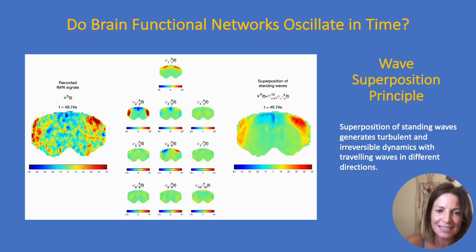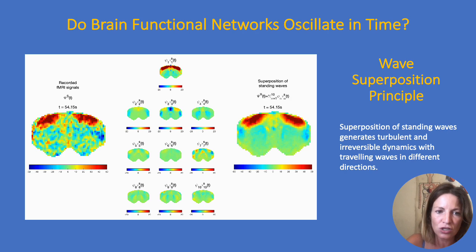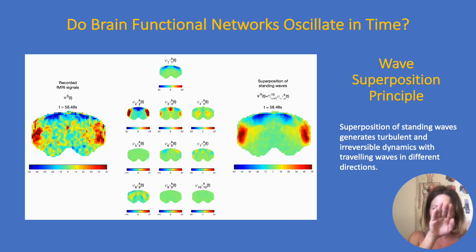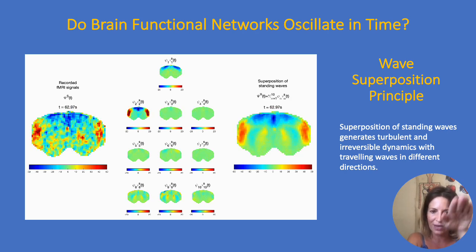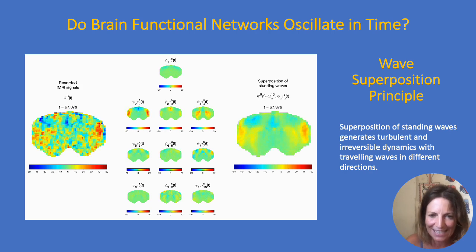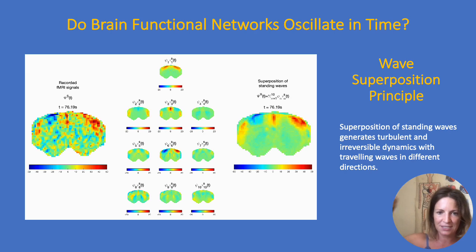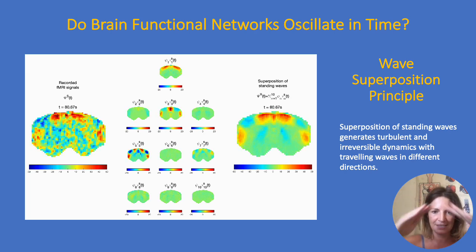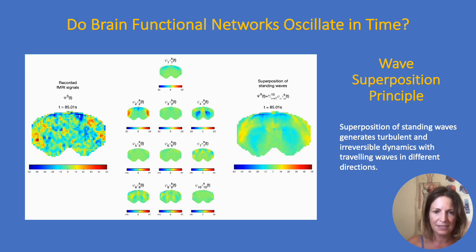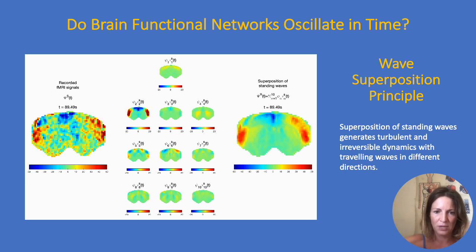What we find is that although each single mode is just a standing wave, when we add them all together, we see visually some traveling waves that can be generated. They can go in different directions. Here they seem to be going up, but then at some point they switch and seem to be going down.